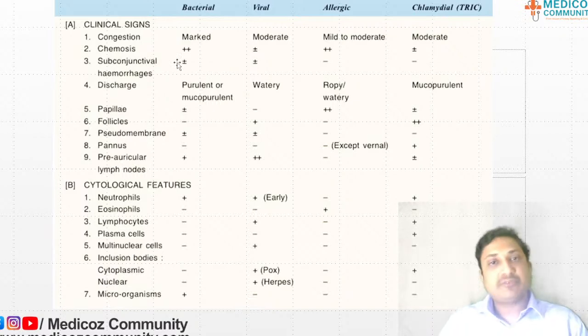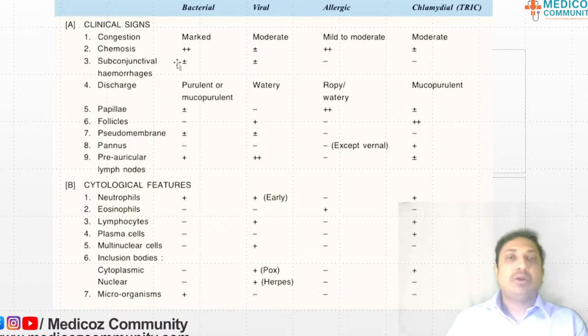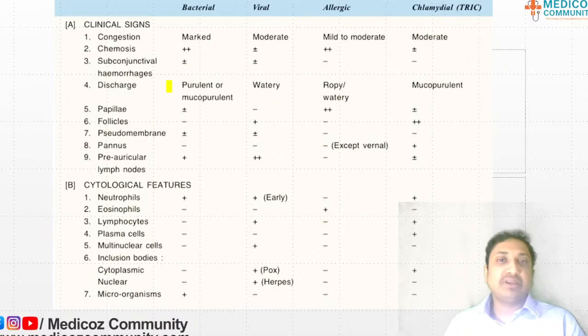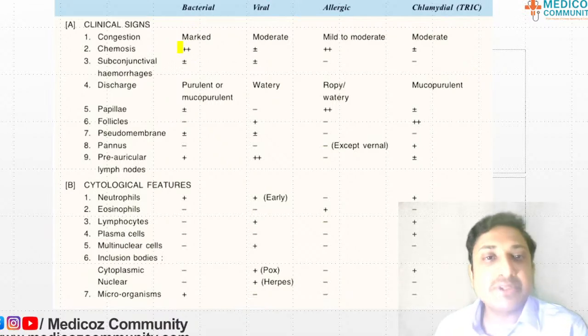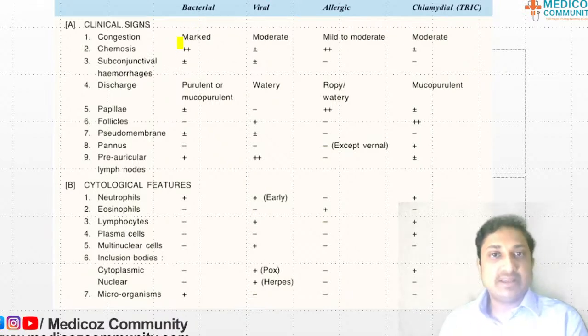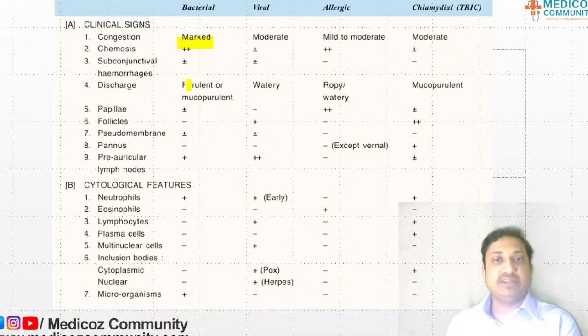To differentiate it from the other differential diagnoses, what we need to know is that in bacterial conjunctivitis, symptoms will be more than signs. That is, marked congestion will be seen, and purulent and mucopurulent discharge will be noted. Viral conjunctivitis, on the other hand, will have watery discharge. Even allergic conjunctivitis will have watery discharge.